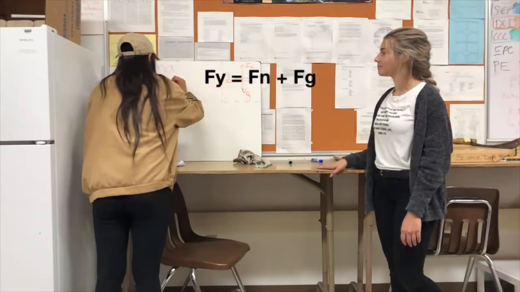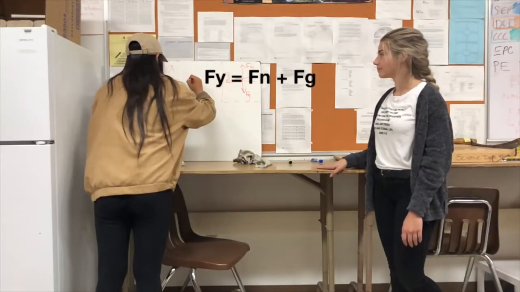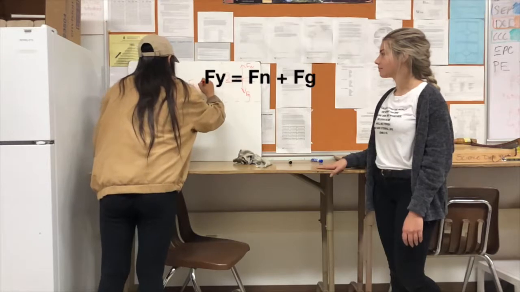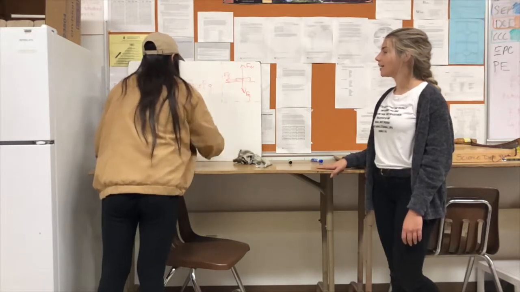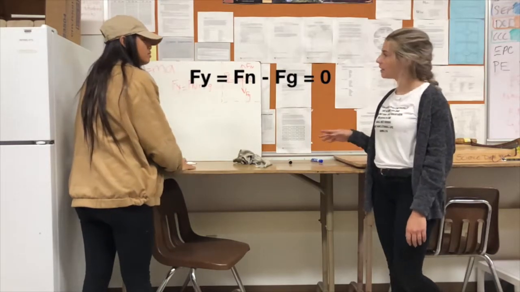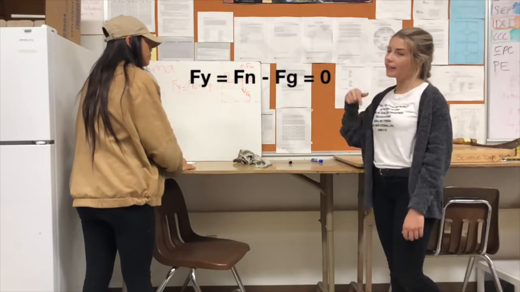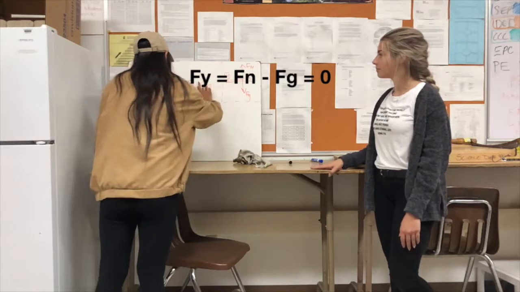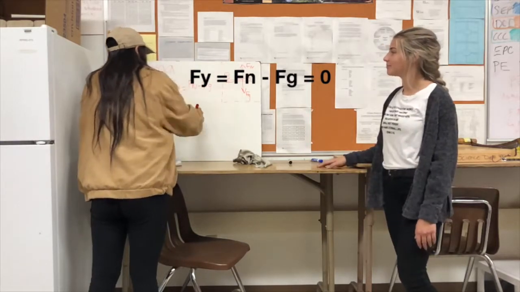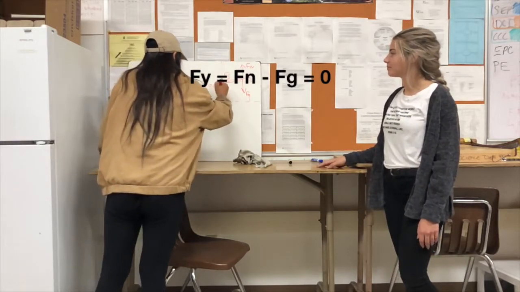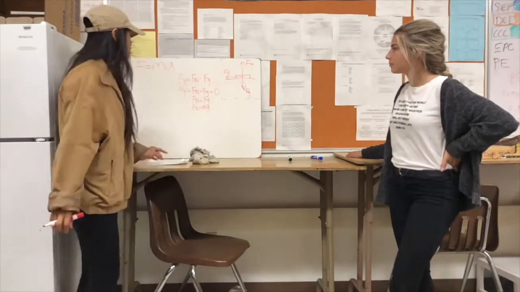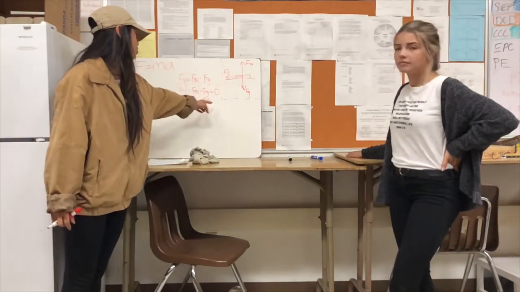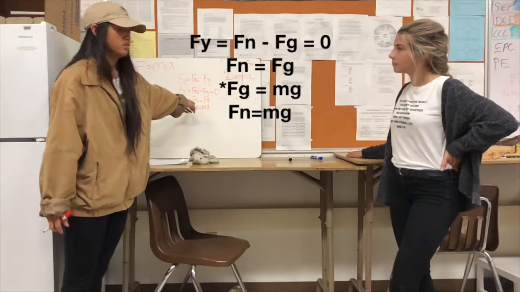Okay, so the sum of forces in y is equal to F_N plus F_g. Actually, that should be a minus sign because force of gravity is down, which is the negative direction in this scenario. Okay, so since there's no movement in the y direction, we can set this equal to 0. So once we add force of gravity to both sides, then we have F_N equals force of gravity.